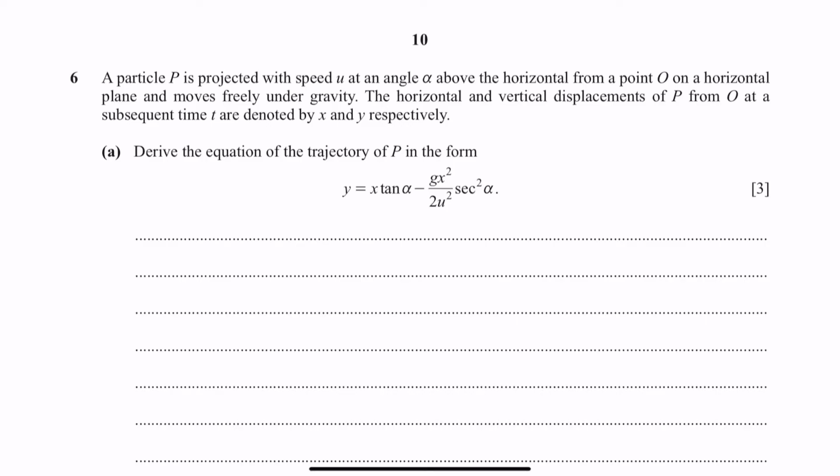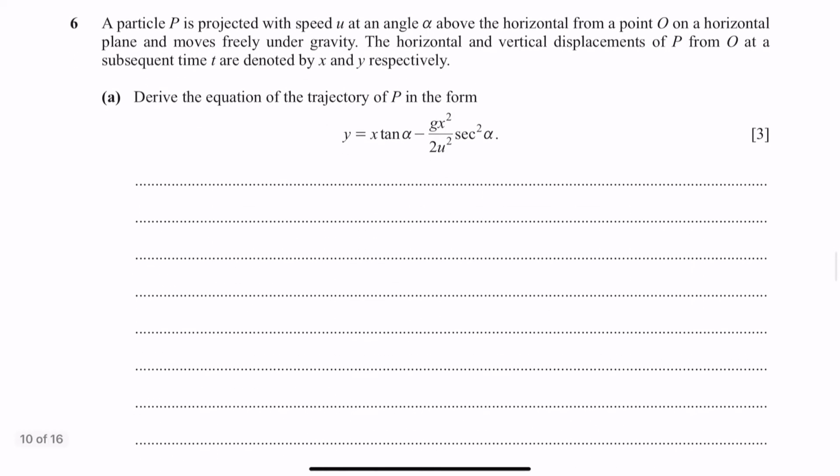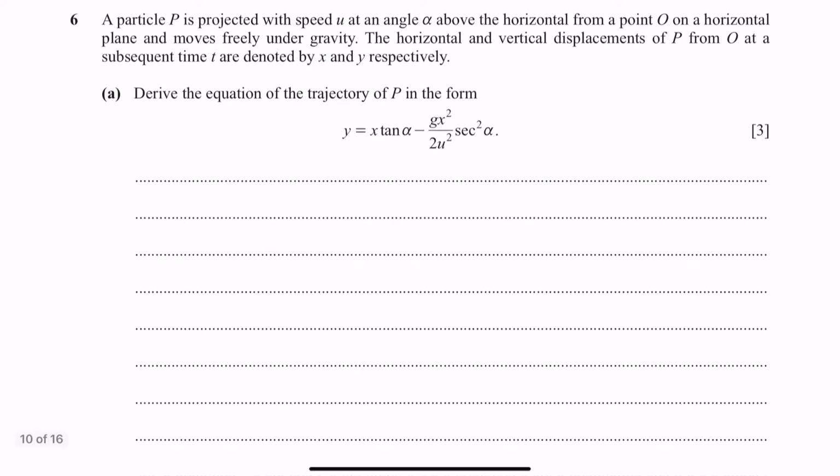For question 6, we have a particle P projected with speed u at an angle alpha above the horizontal from point O. It moves freely under gravity, and the displacement would be x and y with the time of flight t. We need to derive the equation of the trajectory of P in this form. First, we need to find t.